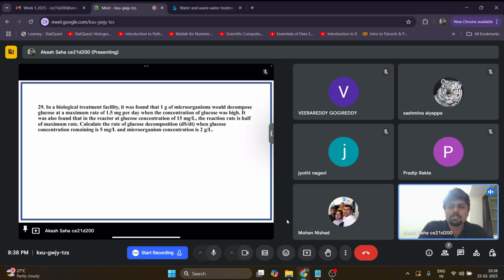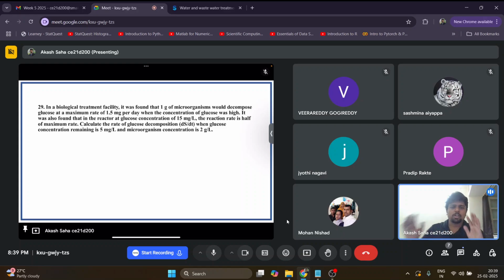It was also found that in the reactor at a glucose concentration of 15 milligram per liter, the reaction rate is half of the maximum rate. Calculate the rate of glucose decomposition, which is nothing but dS/dt, when the glucose concentration remaining is 5 milligram per liter and the microorganism concentration is 2 milligram per liter.